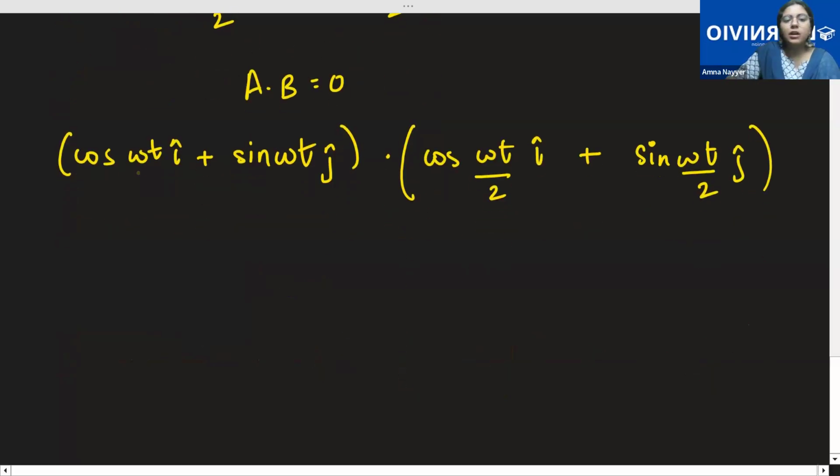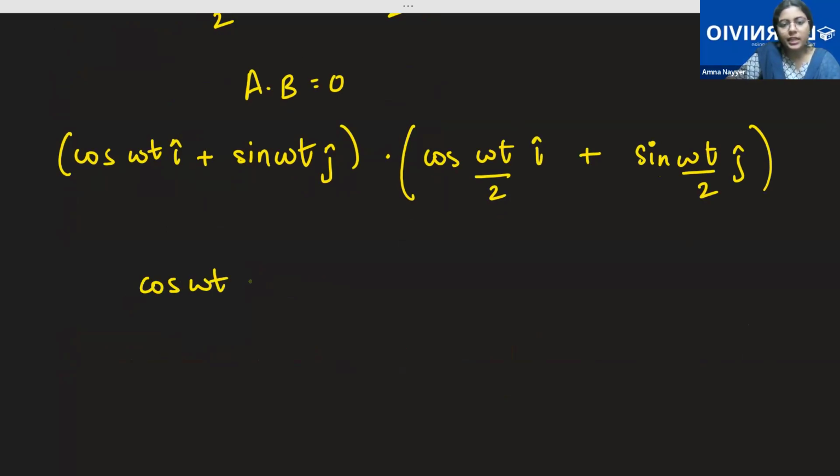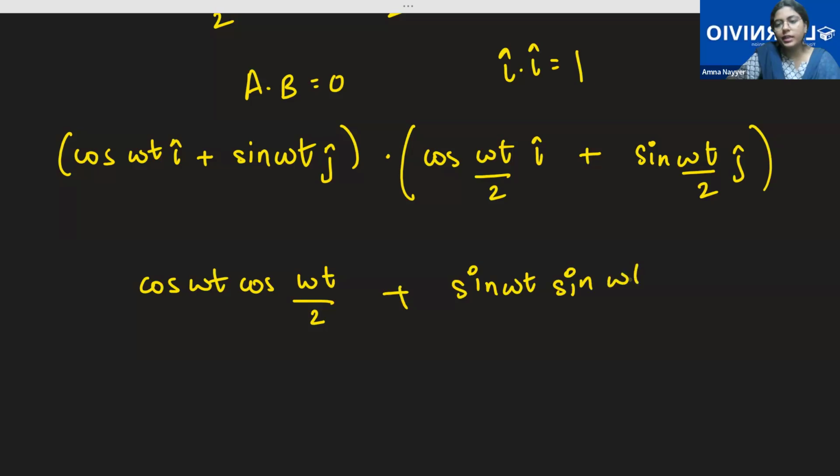The i cap terms are multiplied together, so we get cos omega t into cos omega t by 2. i cap dot i cap, and j cap dot j cap, are 1, so I have written it as it is. Plus sine omega t into sine omega t by 2.